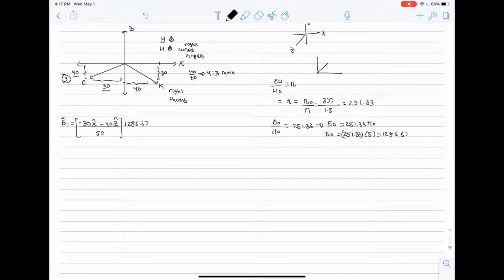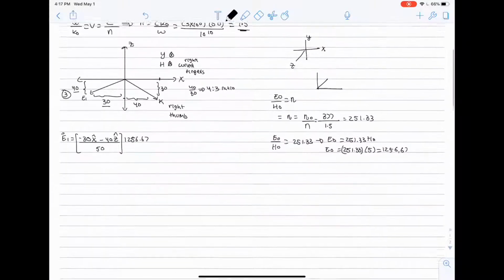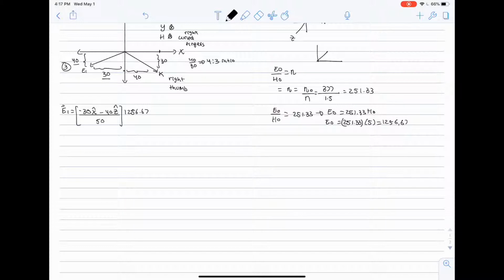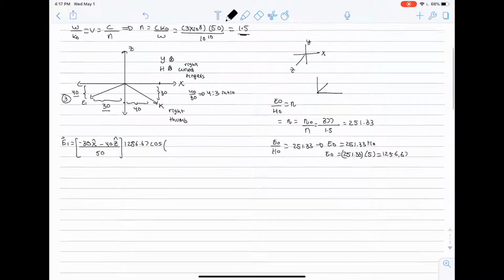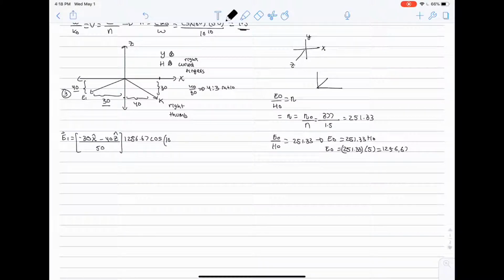And because when t equals 0 we're getting a non-zero value, that's how we know it's a cosine function. Cosine times omega t, and we calculated our omega to be 10 to the 10, so 10 to the 10 t.